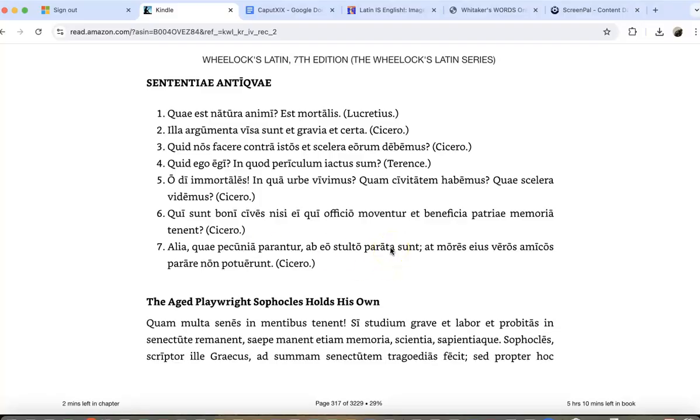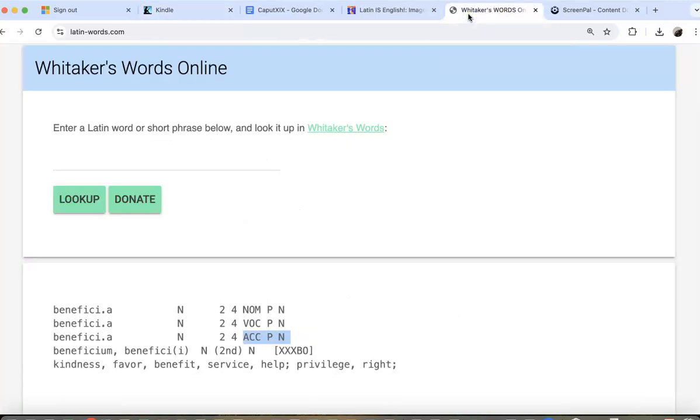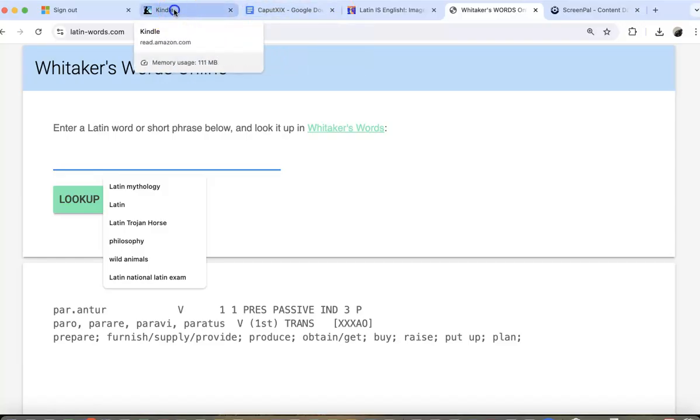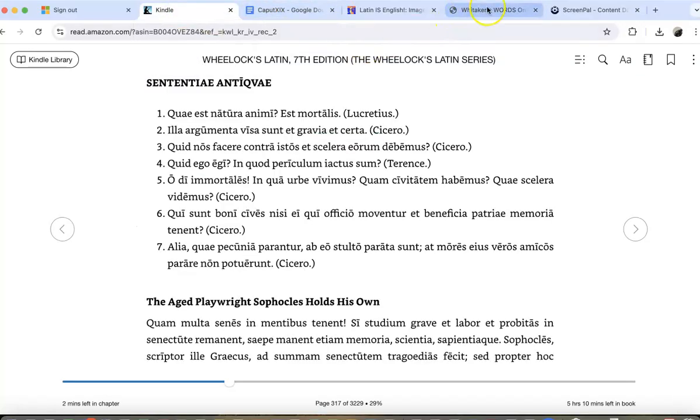And then parata sunt. So here's a good example between the present passive and the perfect passive. Present passive doesn't have the auxiliary verb of to be. So here we have parantur, which is present passive. And again, if we're not sure, we have to look it up. But we have another example in our sentence of parata.